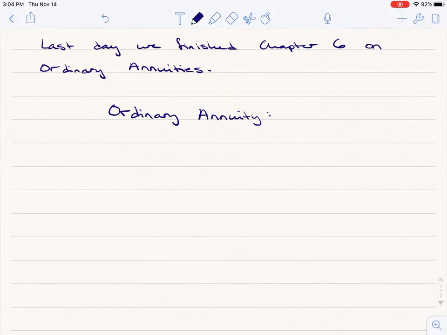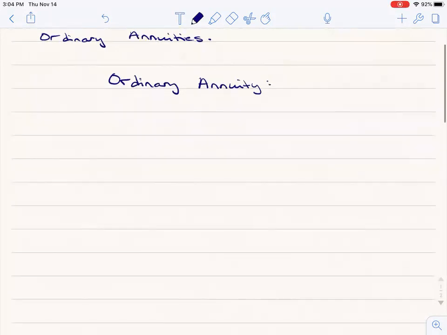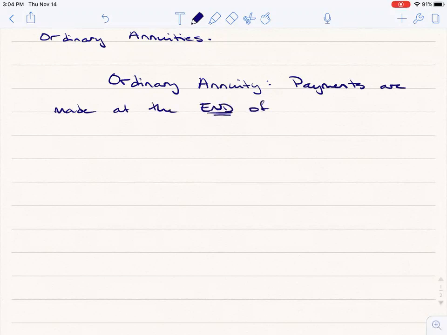An ordinary annuity, regardless of if the payment frequency and the compounding frequency are the same, is when the payments are made at the end of each payment period.